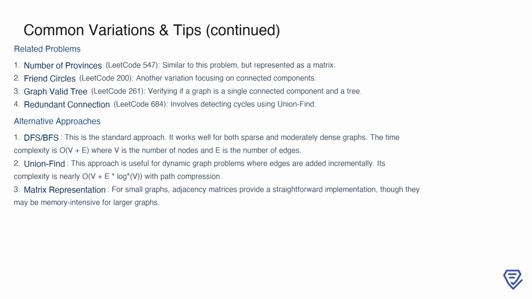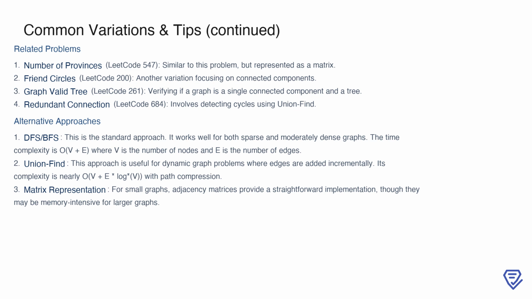Another variation is friend circles on LeetCode 200, which also focuses on connected components. The graph valid tree problem, LeetCode 261, is about verifying if a graph is a single connected component and a tree. Additionally, redundant connection on LeetCode 684 deals with detecting cycles in a graph using union find.